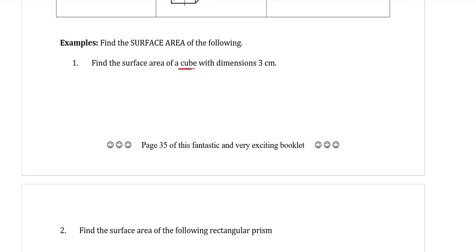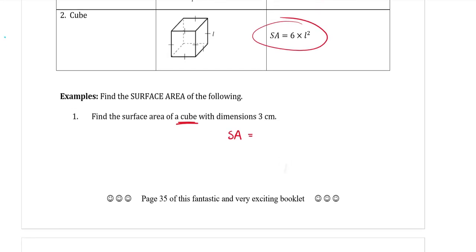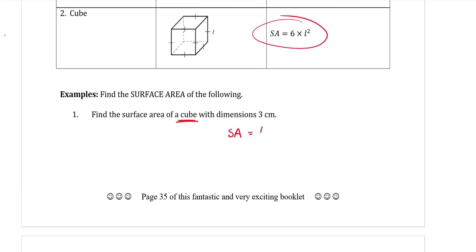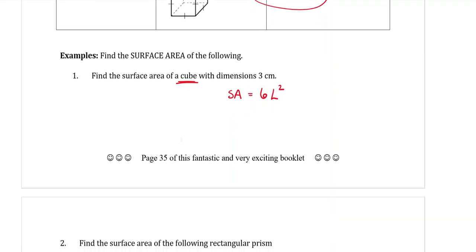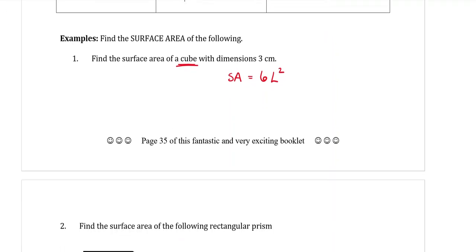So it says a cube. The first thing I'll do is write down the formula for a cube. It is SA for surface area equals 6 times by L squared. Now, I don't normally write the times. It's up to you whether you want to write the times or not. You're going to need it on the next line. So 6L squared.